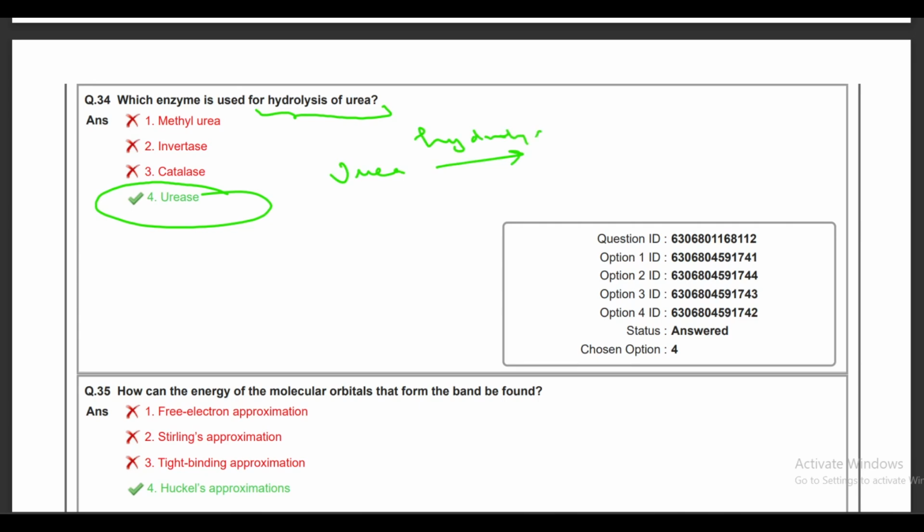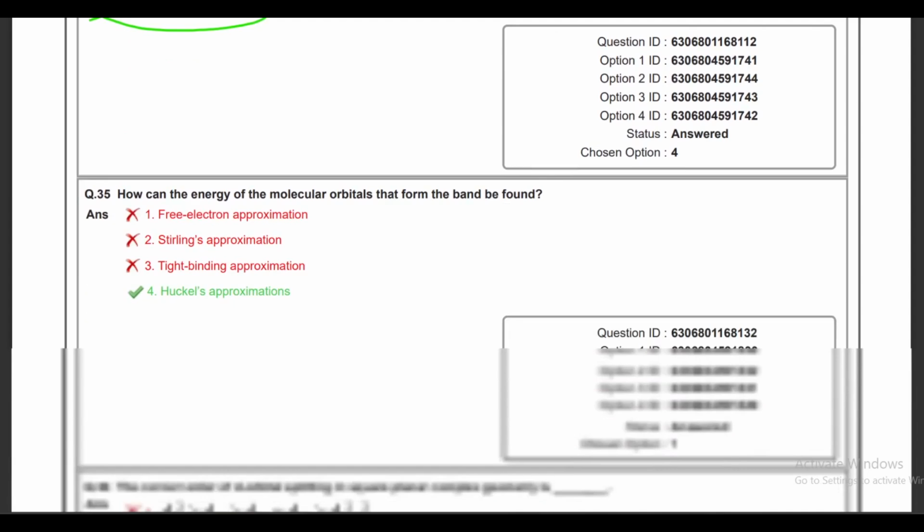So hydrolysis occurs here and urease enzyme works here and converts it into carbon dioxide plus ammonia. Clear? So the fourth option is your correct answer.